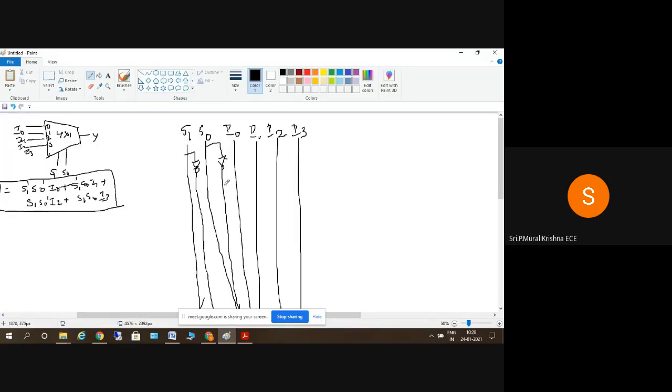So the equation is S1 bar, S0 bar, I0. So that is S1 bar, S0 bar, I0, and these three are given to an AND gate.